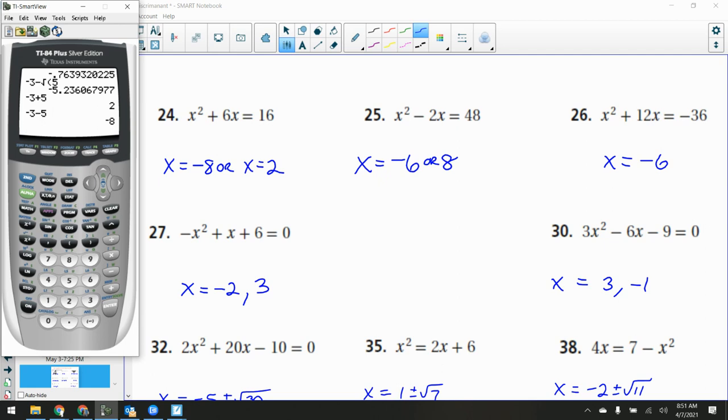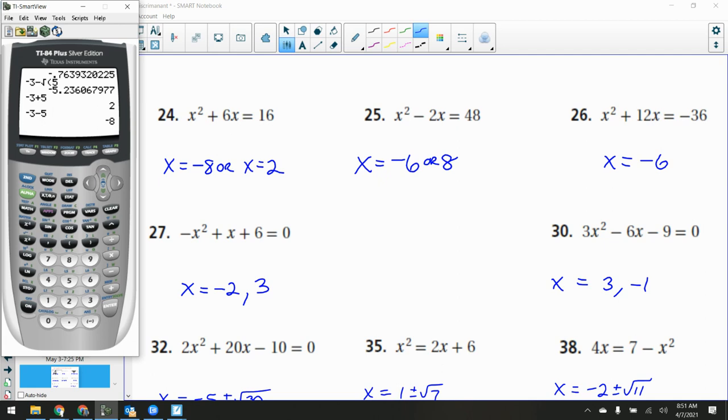You good so far? So my magic number, half of 10, is 5 squared, 25. So that gets me x plus 5 squared is equal to 30. The problem is when I go to square root 30, I get a decimal. So this is x plus 5 is equal to plus or minus the square root of 30.